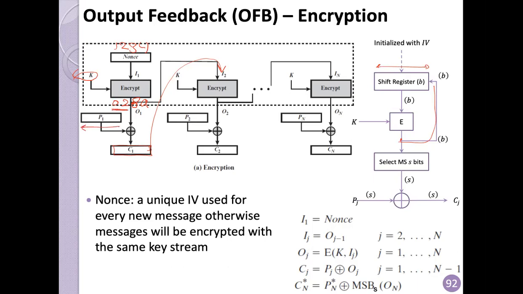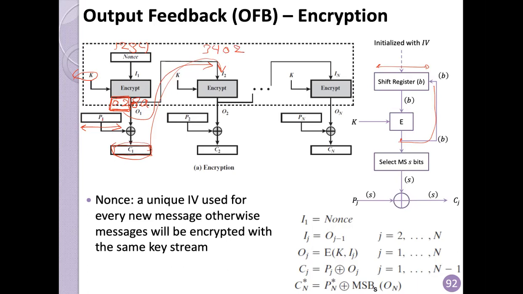It depends on the size of the block that we have. For simplicity, let's assume that our block is 1 byte. So we get these 2 hex digits, we XOR with the plain text, and this is going to be the cipher. In the previous mode, we used the cipher to feed it, but this time we use this portion, and we feed it to the next, and the next one is going to be 3, 4, for example, 0, 2, and then the rest of the operation.